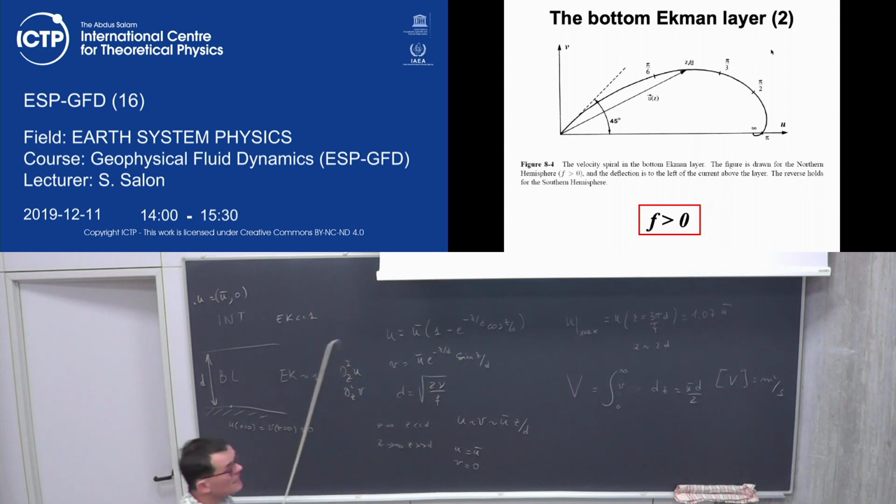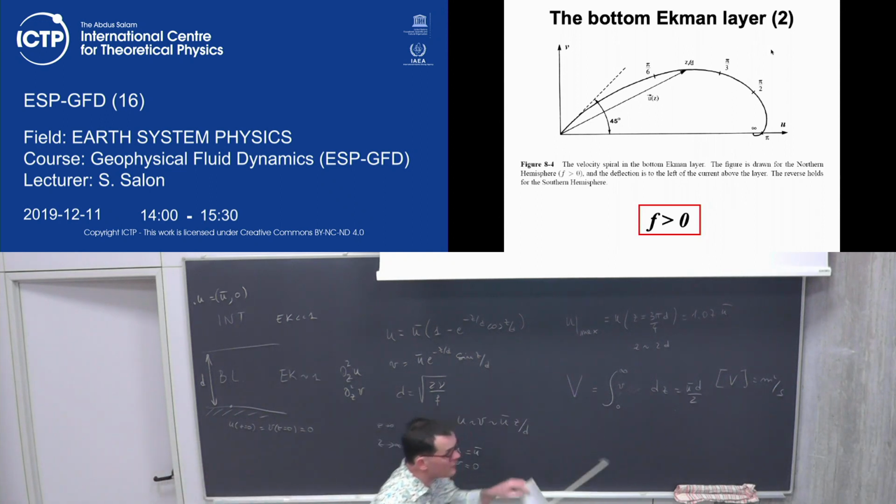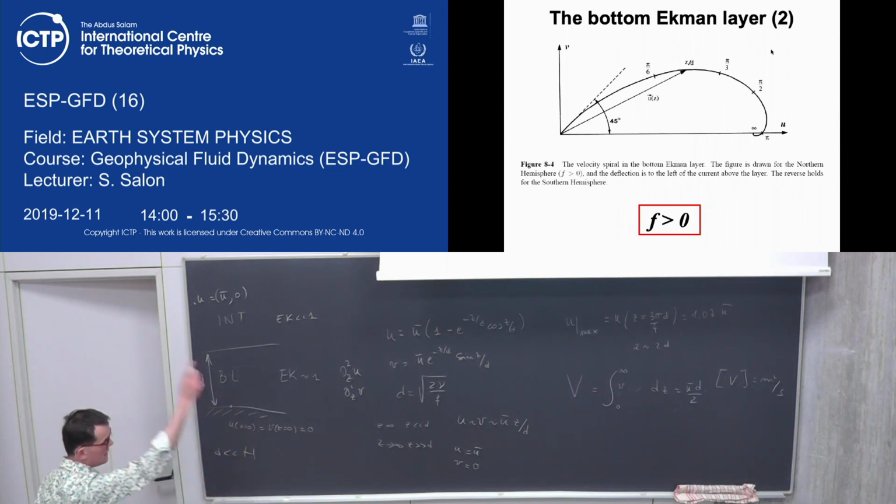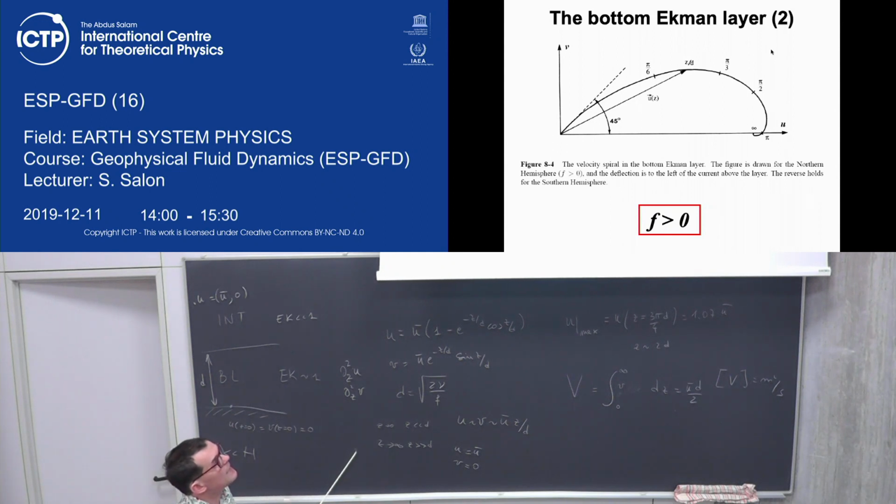But still, even if it happens on a very short distance, because you remember that d is much smaller than h, okay, where h is the vertical scale of the height, we can have a transport which is not 0. So in any case, this flow is creating a transport.